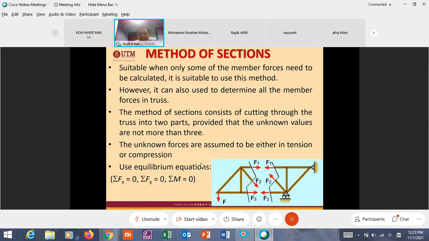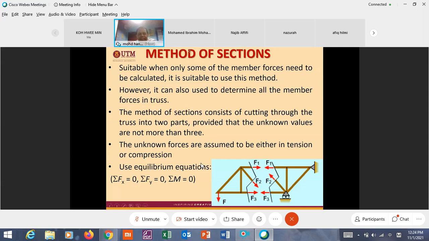So you must cut through 3 members. What happens if there are 4 members? You have to do 2 steps. Step 1, cutting through 3 members, and another step, cutting through another member. And what are the equations? In the joint method, we use only 2 equations, Fx = 0, Fy = 0.